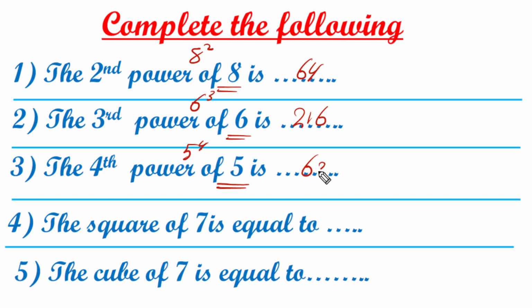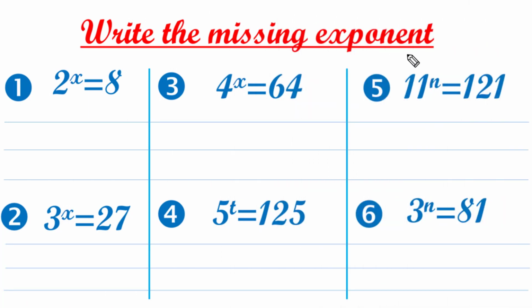It will be 625. The square of 7, the square means the power is 2. Now we get 7 raised to the power 2 means 7 times 7 equals 49. The cube of 7 means 7 raised to the power 3 equals 343.